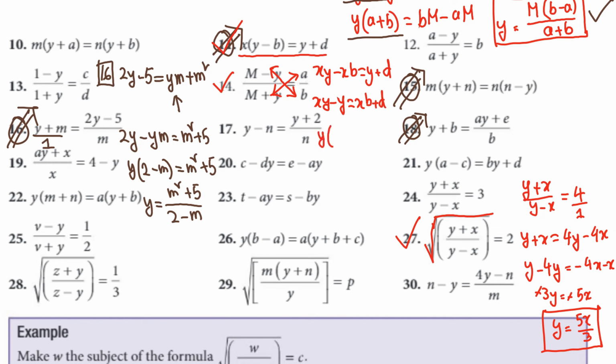If we take y common from the first term, x is remaining, and from the second term, if we take y common, then there is a 1 here, so xb plus d. Now y equals xb plus d divided by x minus 1. This is our answer, or y as the subject we can write.